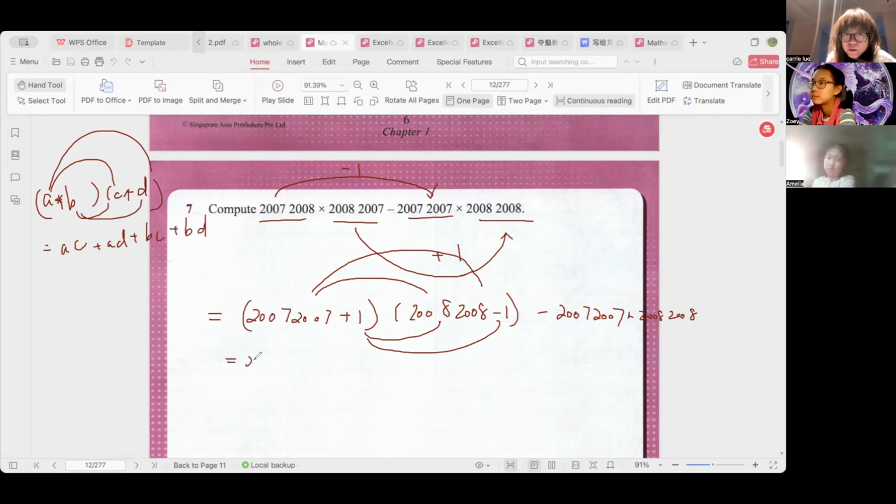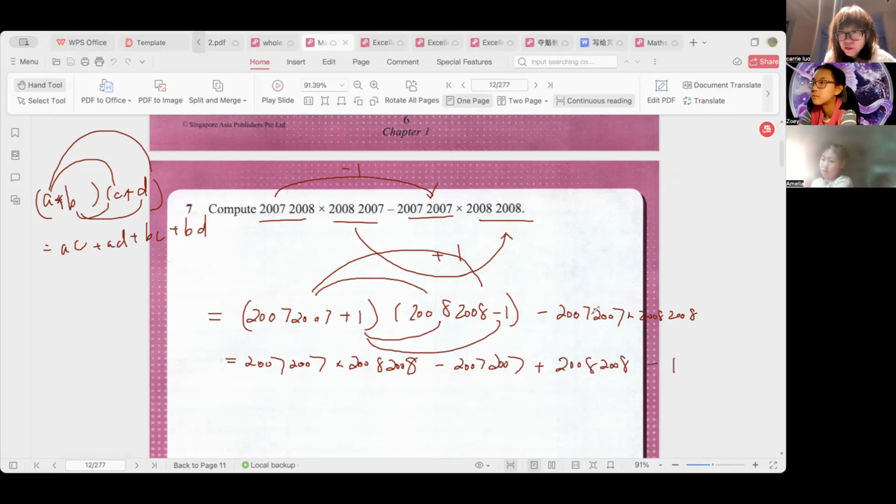Correct? So it's 2007, 2007 times 2008, 2008 minus 2007, 2007 plus 2008, 2008 minus 1.